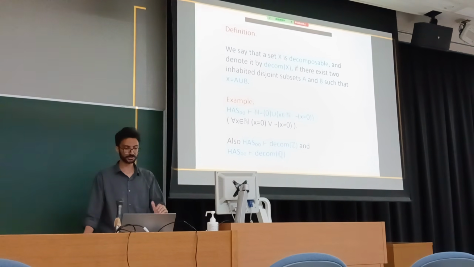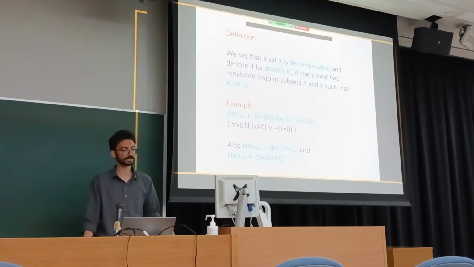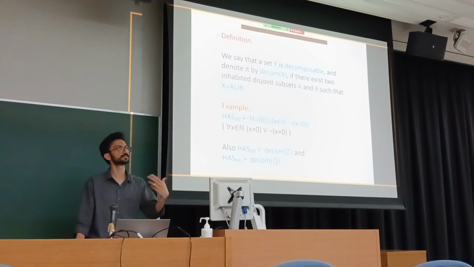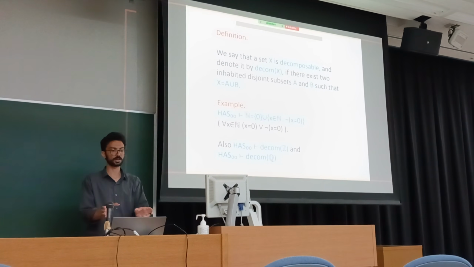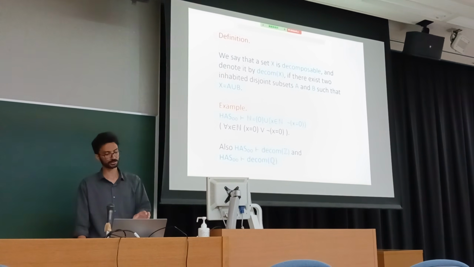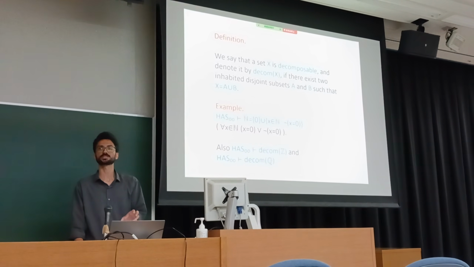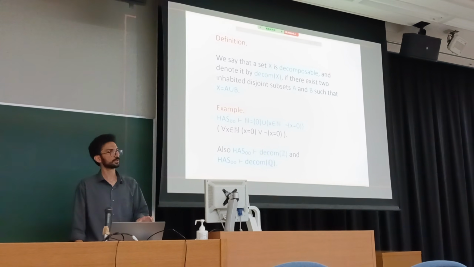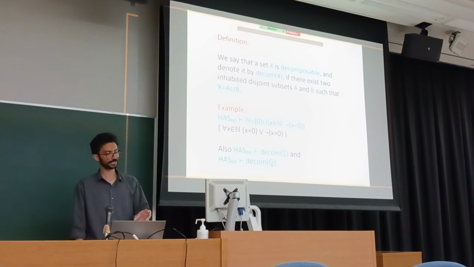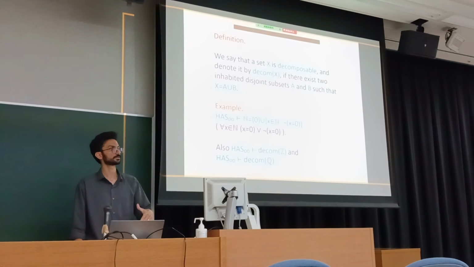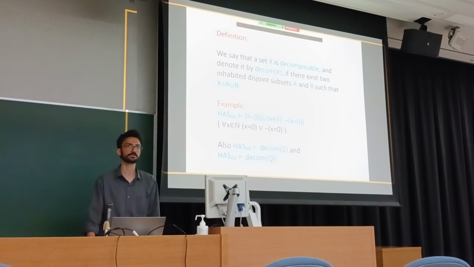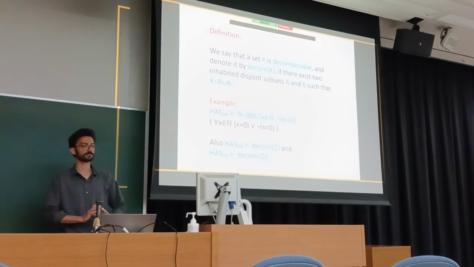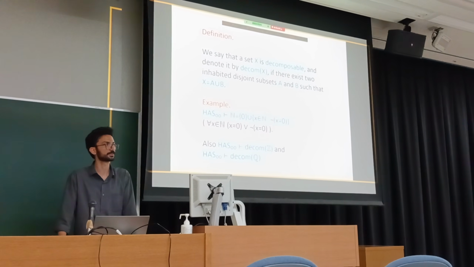For example, HAS00 proves that the set of natural numbers N is decomposable because we can decompose N with these two subsets, the singleton zero and the set of all non-zero natural numbers. Because we know that every natural number x is either 0 or not. In other words, the equality in natural numbers is decidable. Therefore, we can decompose N into these two subsets.